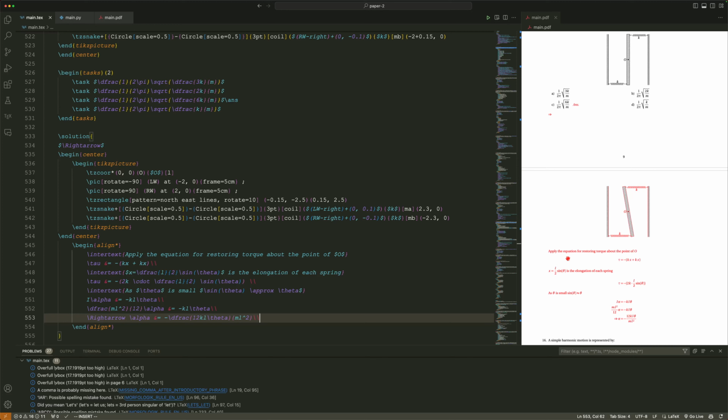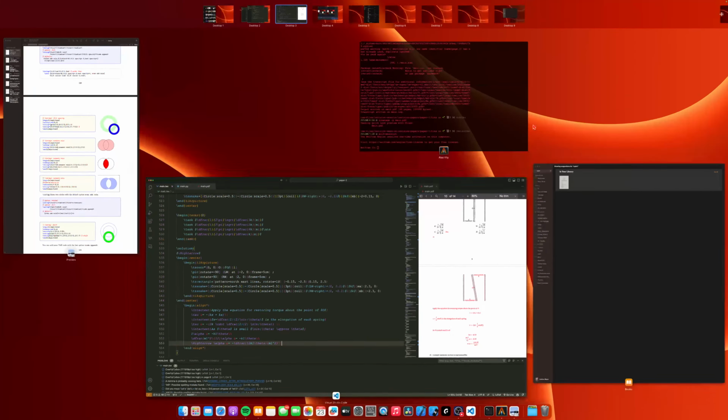Even if we cancel out the L part, we still have the 12. That is wrong. Either the solution is wrong or something else. Let's see.